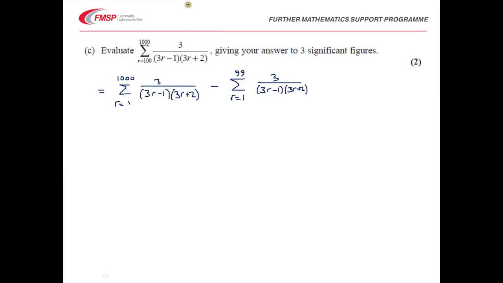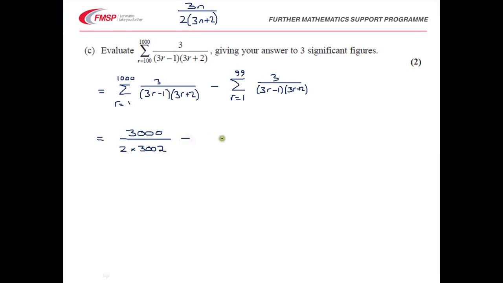Let's just put the formula from the previous page up so that you can see what that was. 3n over 2 lots of 3n plus 2. So the sum from 1 to 1,000, n is 1,000, so that's 3,000 over 2 lots of 3,002.